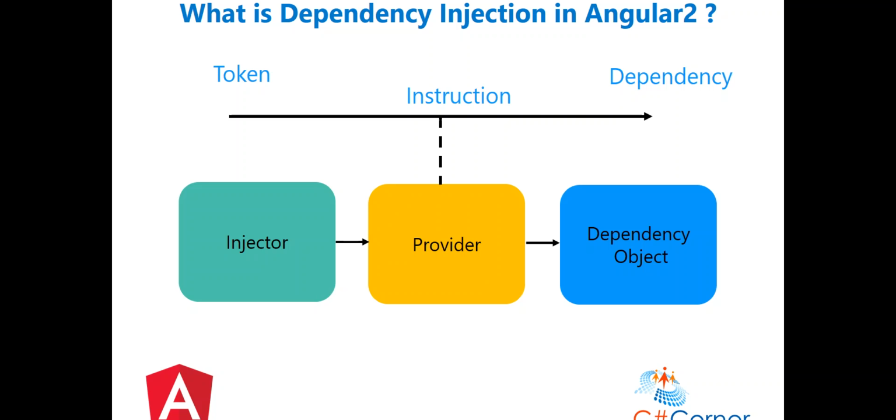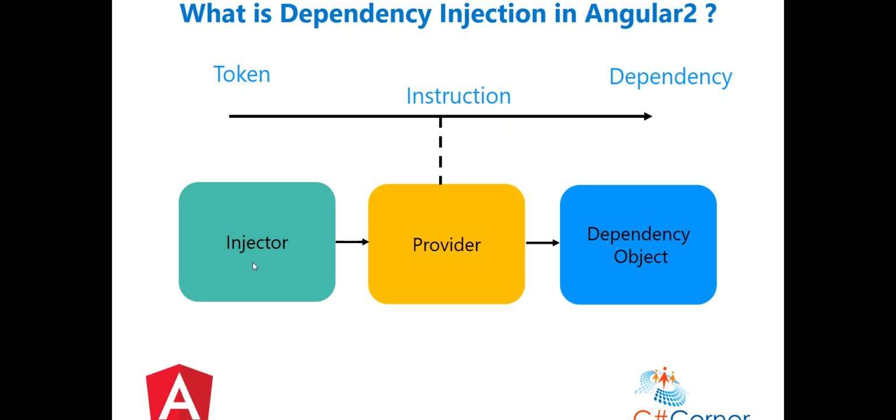Then the final one is the dependency object, which is the type of object that should be created. The dependency objects are things like the allowance, salary object and person details. The provider is where we register them, where you tell the framework, boss, this is the list of dependencies that I need in this particular project. The injector is the one who creates the instance.